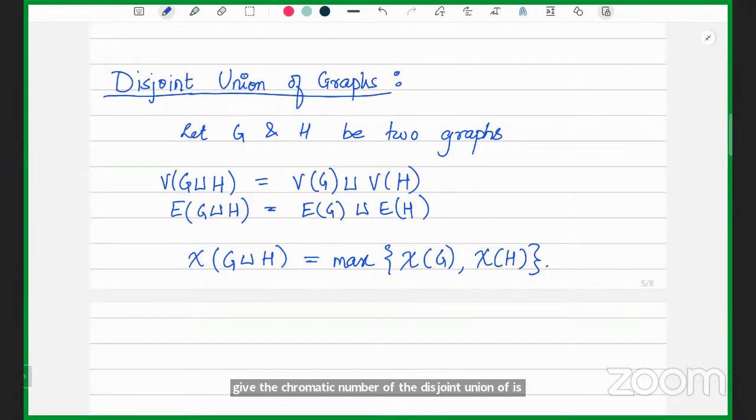This construction is about the disjoint union. There is one more construction where the chromatic number of the resultant graph turns out to be the max of the chromatic numbers of the individual graphs. So we just see that construction next, and then I'll be a bit quicker.